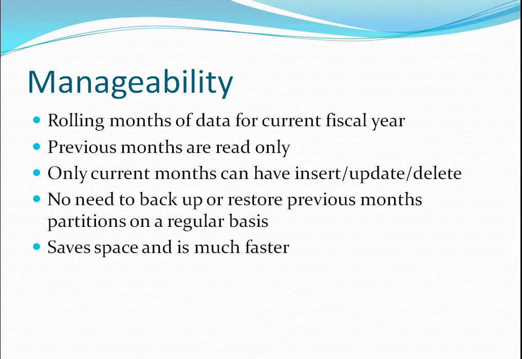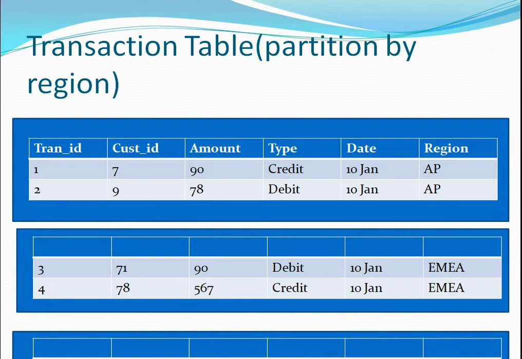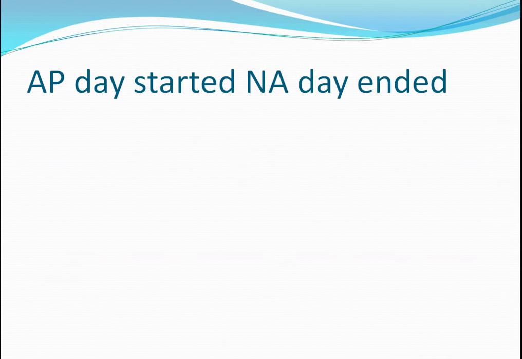But as of now, we have discussed two things. The first thing is performance, and the second thing is manageability. Let's move to the third important aspect with this scenario. So again, we went back to our transaction table that was partitioned by region. So we have data from Asia Pacific, EMEA and NA. And this has billions of rows, guys. Now the scenario is that the Asia Pacific day has started.